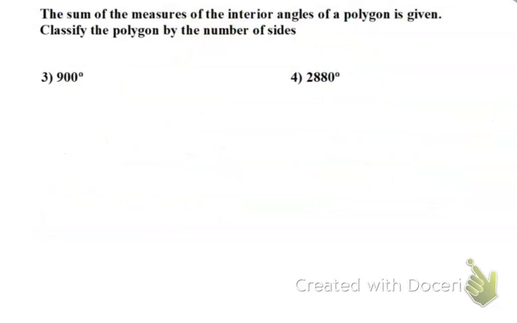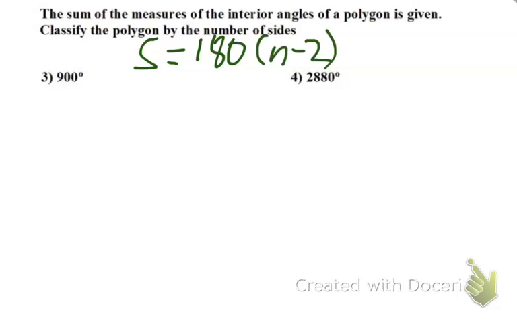All right, let's take a look at some of the things. The sum of the measures of the interior angles of a polygon is given. Classify the polygon by the number of sides. Okay, so again, it gave us the sum, which means we are using that same formula we used a minute ago. So I'm going to write it down here. The sum is equal to 180 times n minus 2. All right. And all we're going to do is just plug in what we know.